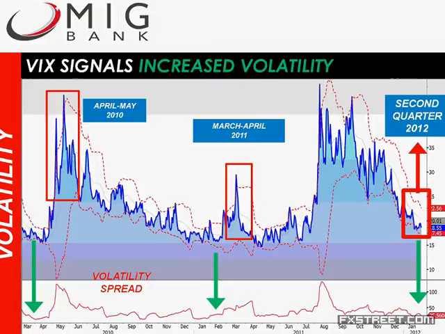Now, from a seasonal perspective, what's interesting is that previous examples in the last 2 years, volatility has tended to increase during the spring months. So, 2010, volatility increased during April and May. 2011, volatility increased between March and April.